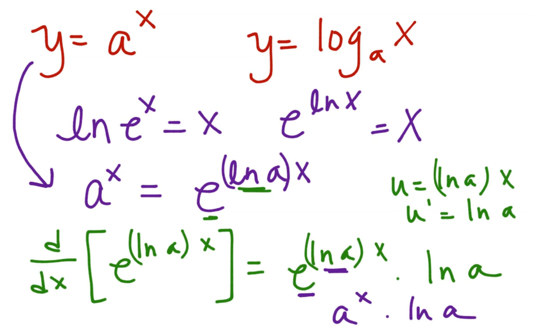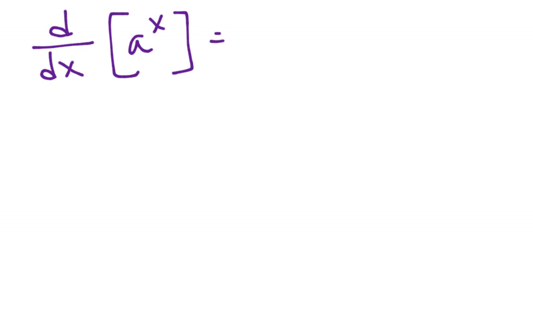There you have it. So let's just rewrite this. The derivative of a to the x is equal to ln a, which is just a constant, times a to the x.